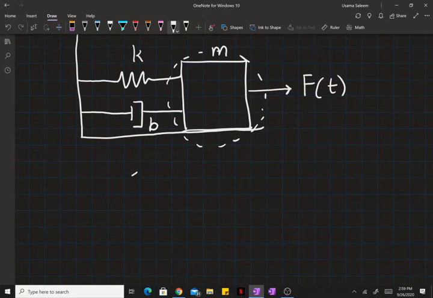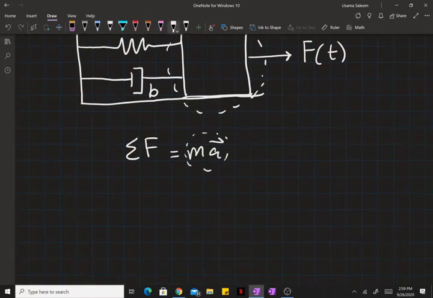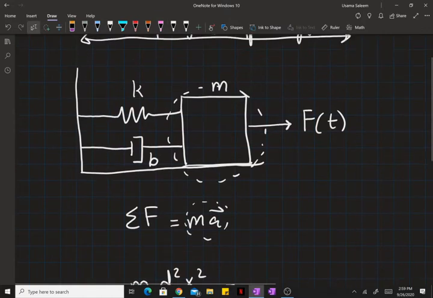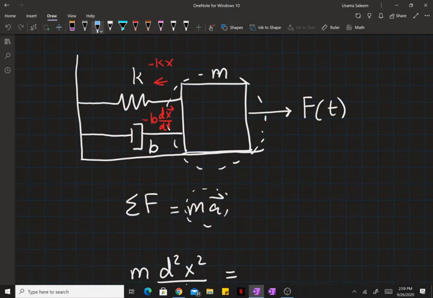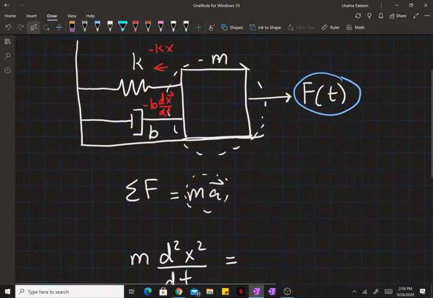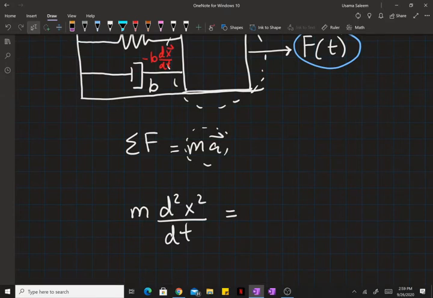This is done by applying Newton's second law, and we all know that acceleration is the second derivative of position. So we're going to have mass times acceleration on the left side, and we have the restoring force, negative k times x, and the damping force, negative b times the velocity, which is the first derivative of position, and then we have the applied force, which is pulling the mass to the right hand side.